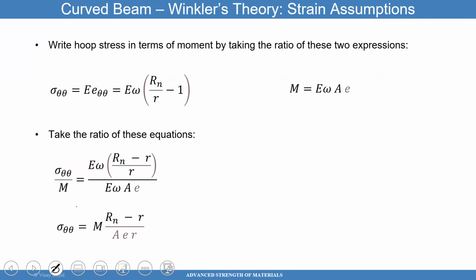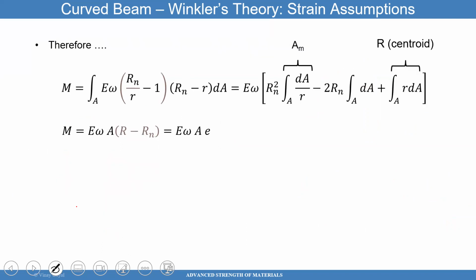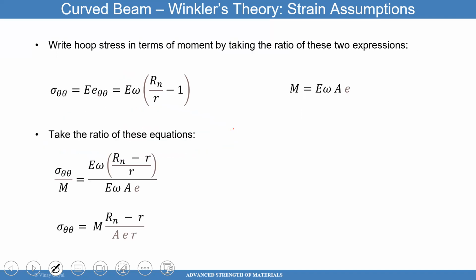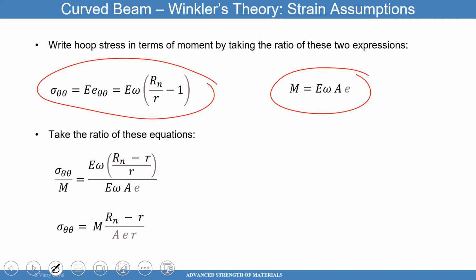Okay. So we know what the hoop stress is, and we know what the moment is. So I know the hoop stress is this, and I know the moment is this. But what you could do is divide equation 1 and equation 2 in this way.